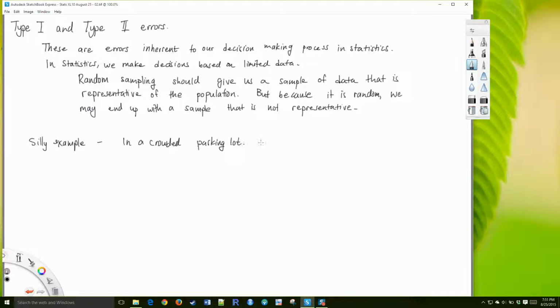You want the spot that gives you the smallest amount of walking distance to the door. You want the best spot, meaning the least walking distance. So you come across an open spot.